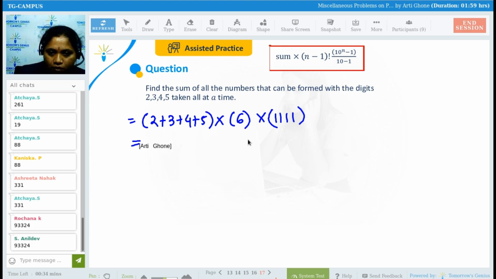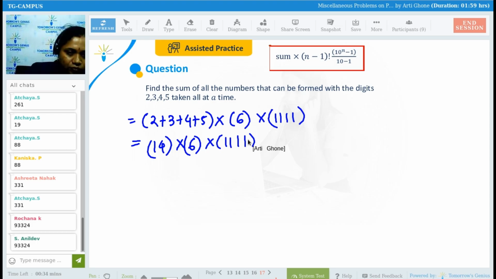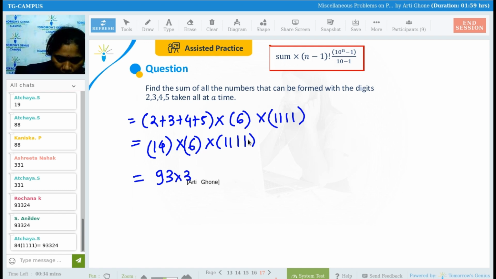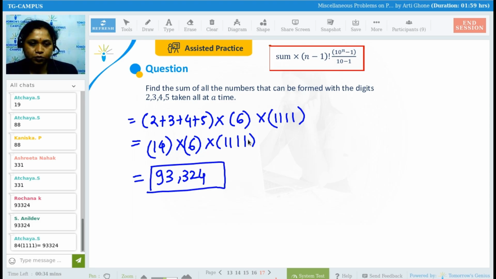So if you see, 14 into 6 into 1, 1, 1, 1. Yes, work with the shortcut.